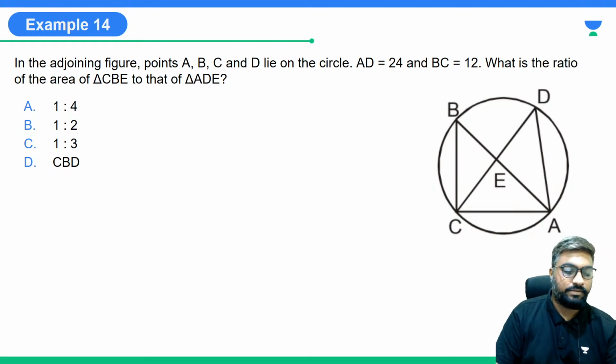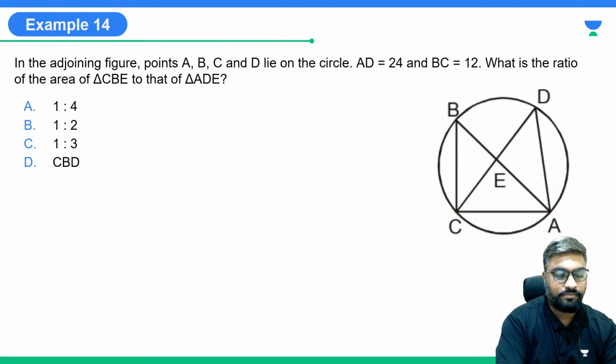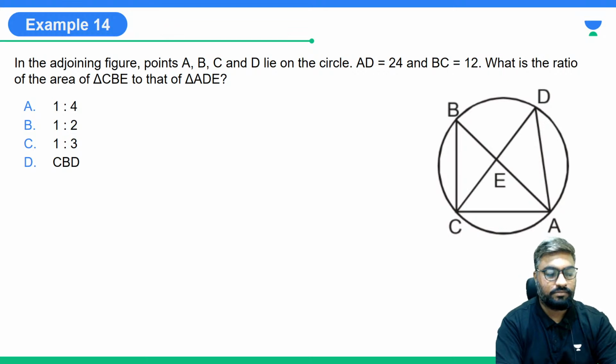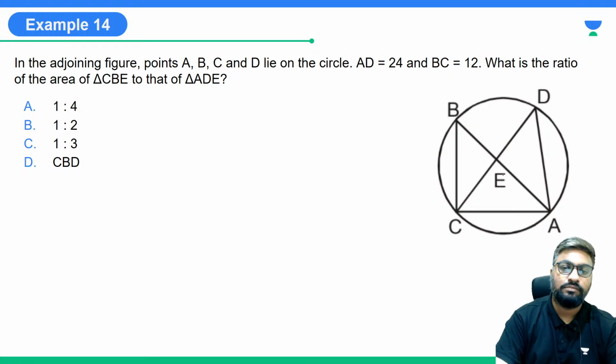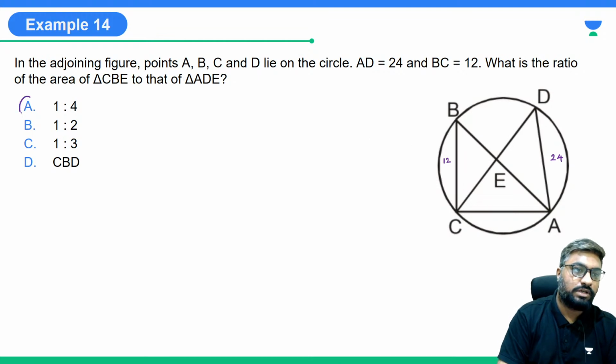Very simple question. They've given AD is 24 units and BC is 12 units. Essay says 1:4, correct.